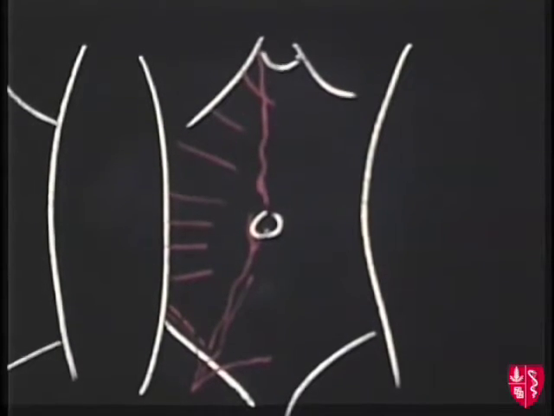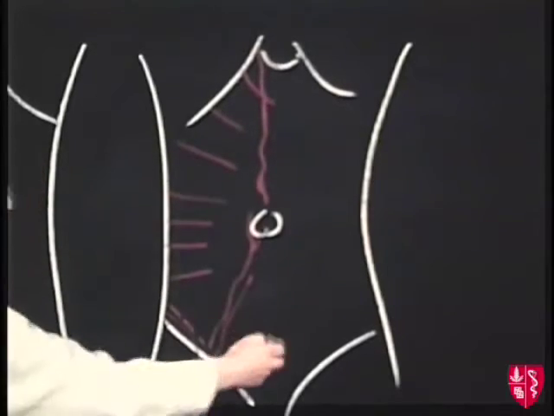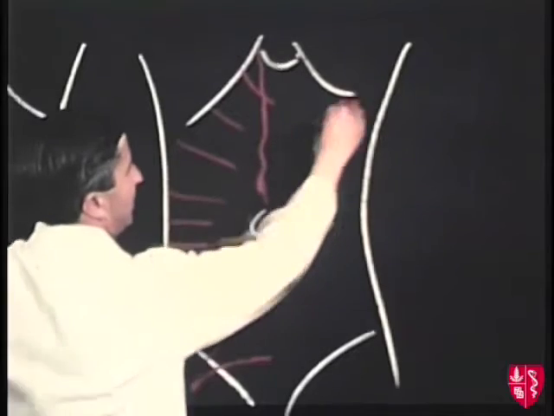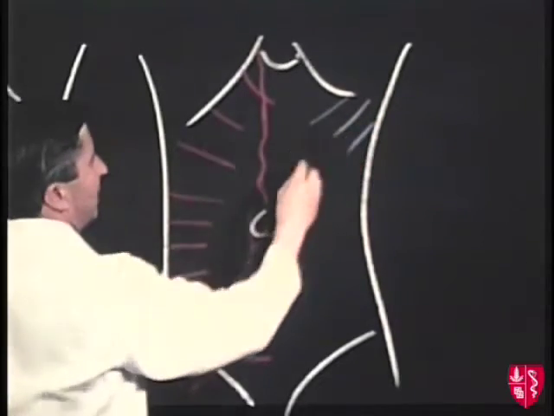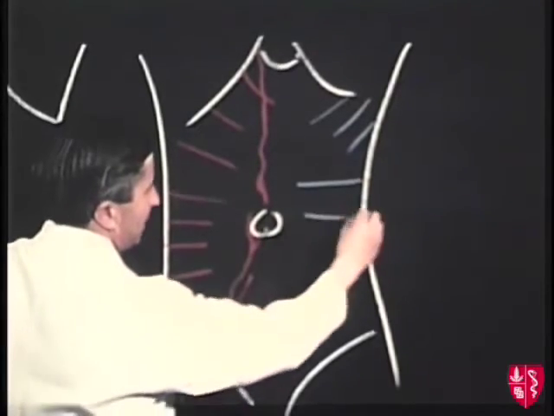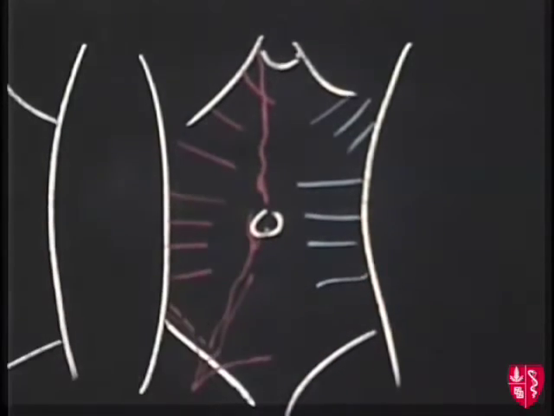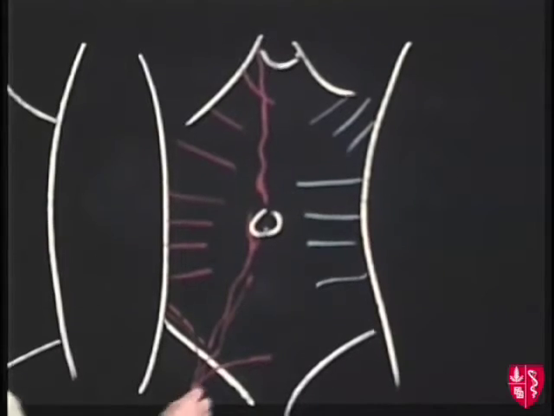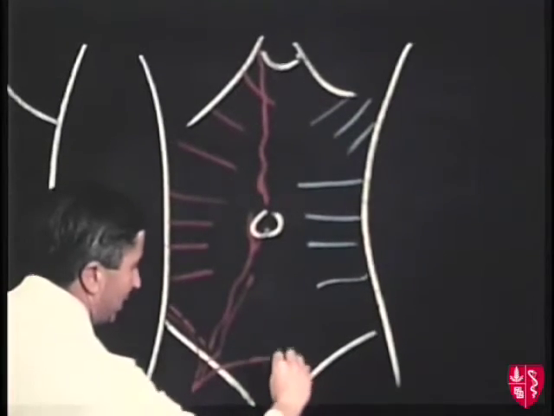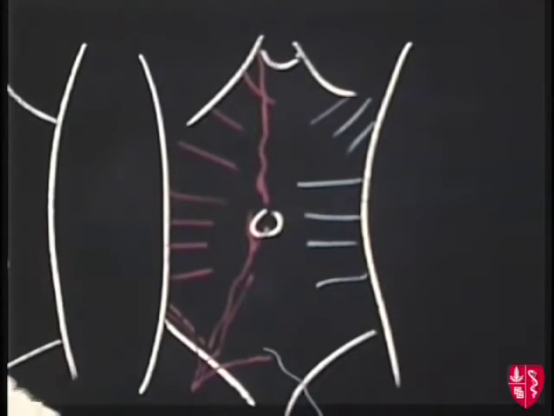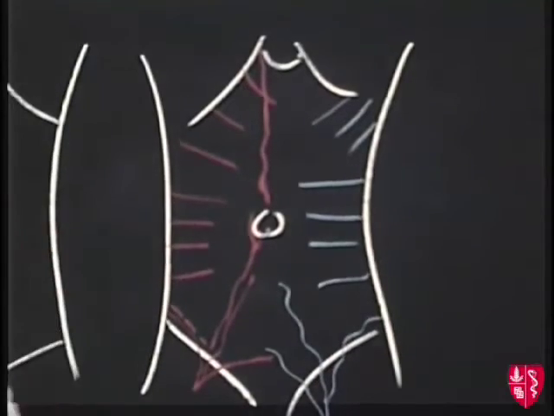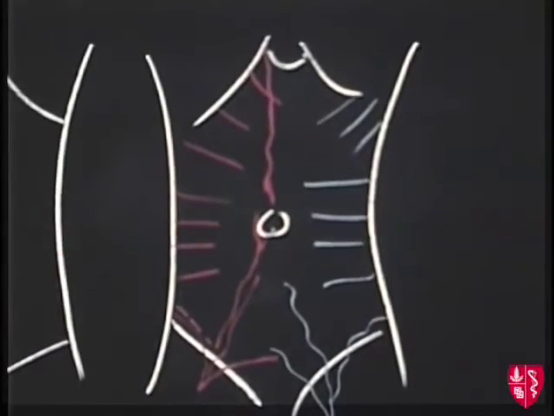Now let's consider on the other side of the same diagram the venous drainage. We have intercostal veins which are going back into the azygos system. We have here lumbar veins going back into the inferior vena cava. And we have coming down here to drain into the great saphenous vein the superficial external pudendal, the superficial epigastric, and the superficial circumflex iliac.